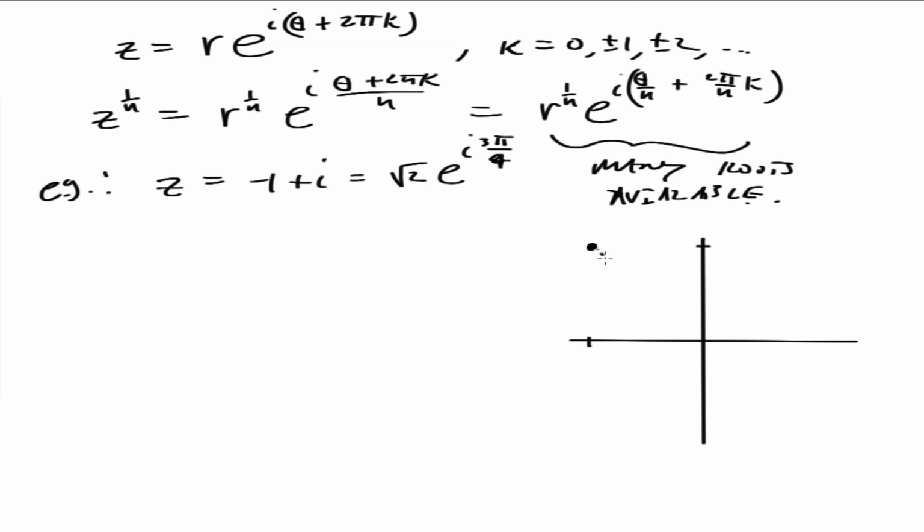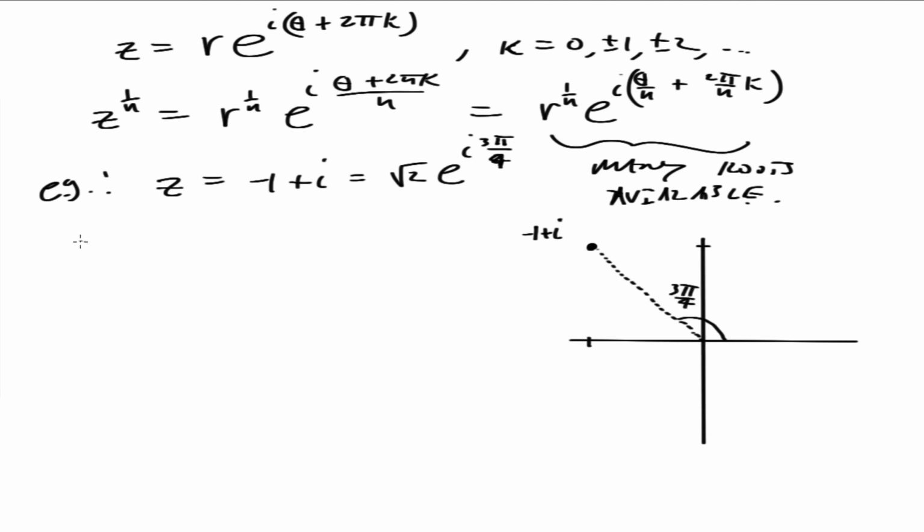And I'm going to put a dotted line going down. So that is -1 plus i, and that angle there is going to be 3 pi over 4. Okay, so now I'm going to put that 3 pi over 4 there.